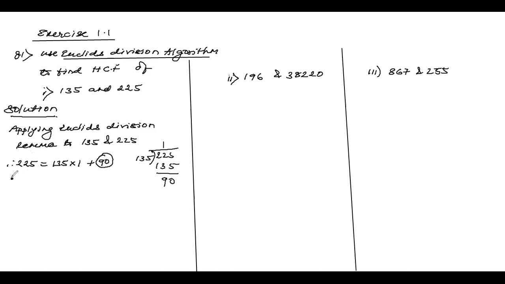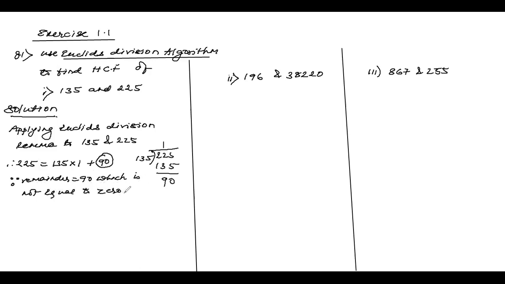Now you can see since the remainder equal 90, okay, which is not equal to 0. Okay, not equal to 0.